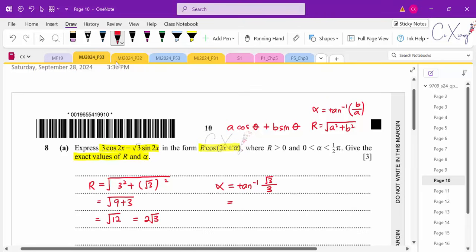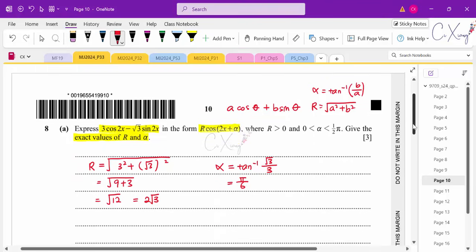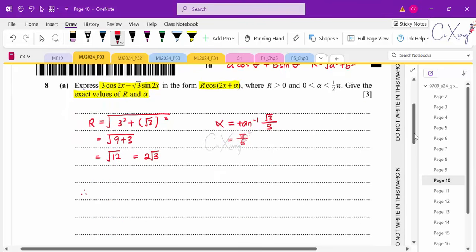The alpha must be in radian form because the unit given here is in radian. So tangent inverse root 3 over 3. By right, you'll be having 1 over root 3. Okay, so 1 over root 3 should be 30 degrees, sorry. So 30 degrees will be actually pi over 6. Alright, then just rewrite your answer one more time.